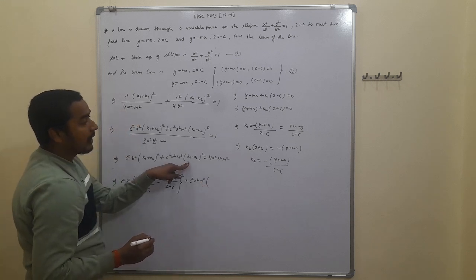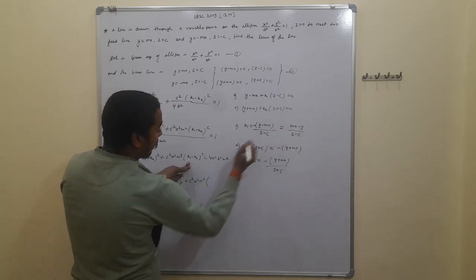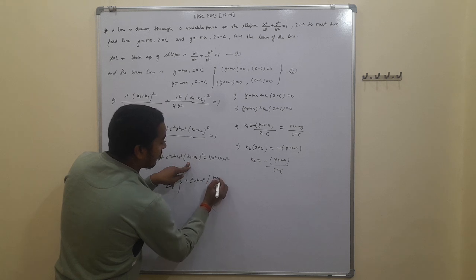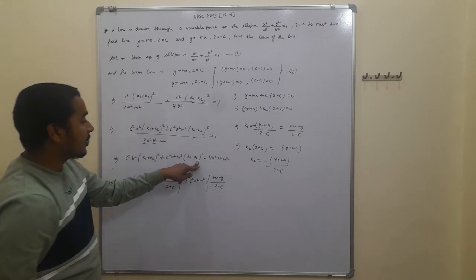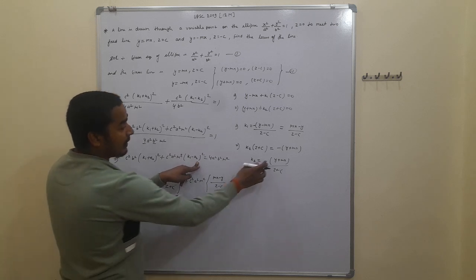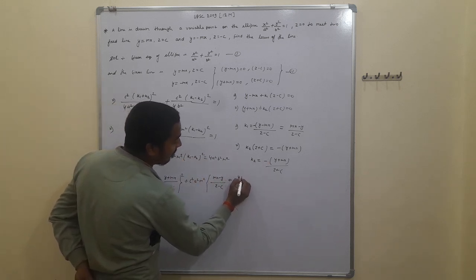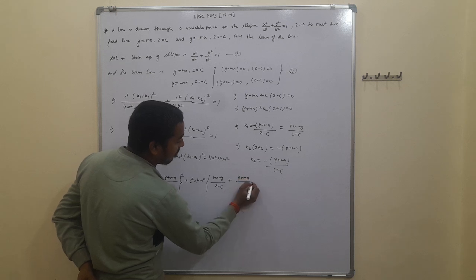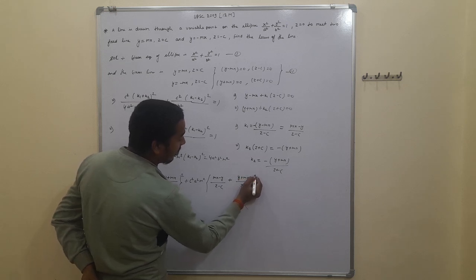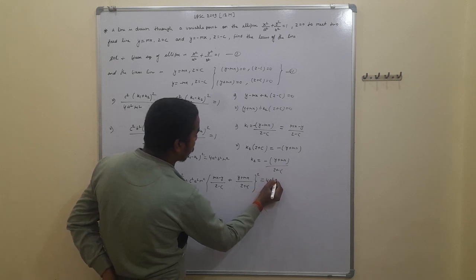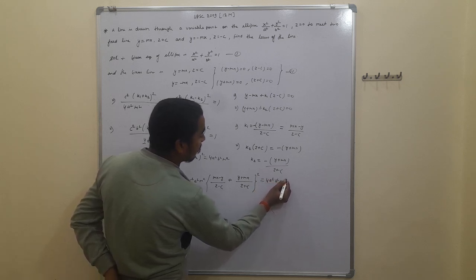In place of k1 we have to put the value of mx minus y upon z minus c, and in place of k2 we have to put minus, and here minus is already put in, that is plus of y plus mx upon z plus c whole square is equal to 4a square b square into m square.